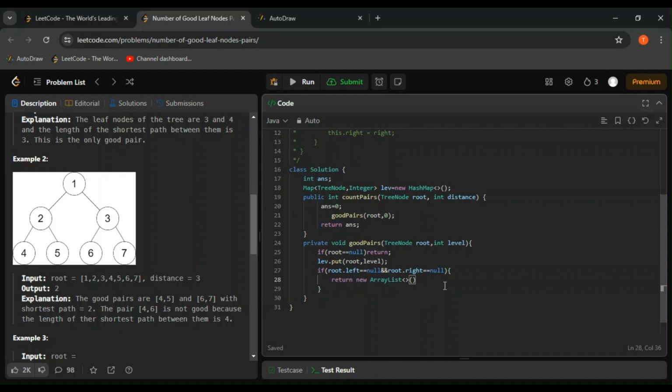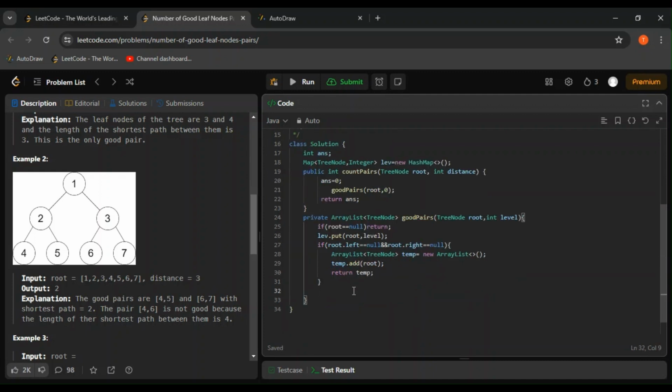Again, I forgot. This is of tree node. Let me pass in the tree node only. Tree node temp is a new array list. Then it is temp dot add the root, and then return temp. Yep, and then this will be the return type of this method.